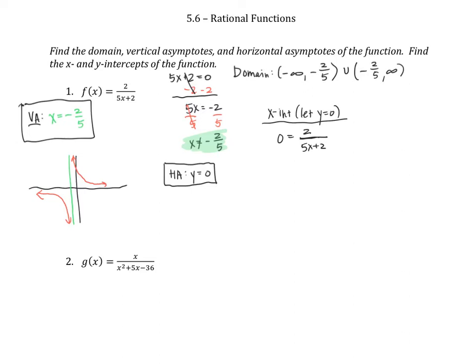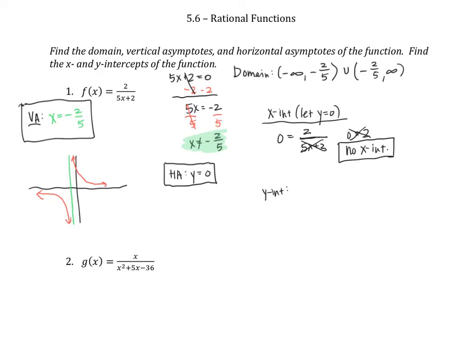So when you're finding the x-intercepts, all you're really looking at is when is the numerator 0. So you can ignore the denominator. So you want to look at this. Well, is 0 ever equal to 2? No. So there is no x-intercept. Okay? So just set 0 equal to the numerator and solve that to find the x-intercepts.